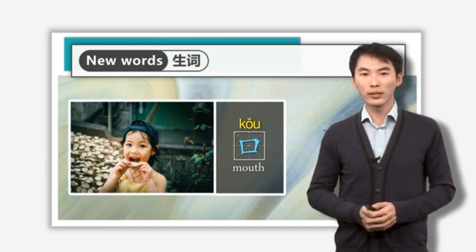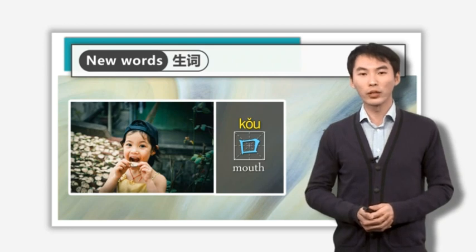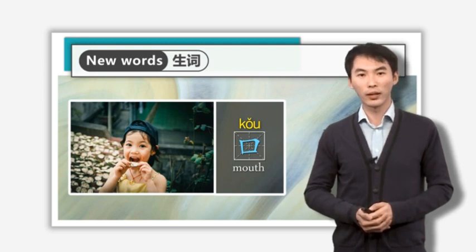And the main reason for using 口 for 人 when it refers to family members is that in ancient times, the food is the most important issue of a family. So, if there are 3 people in a family, it means 3 mouths to be fed.